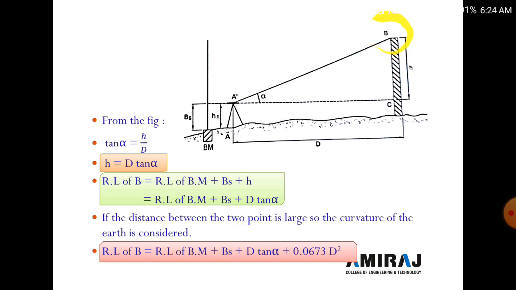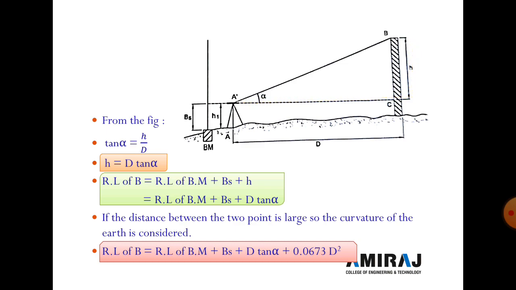Now the RL of point B. Here we require the RL of point B. The RL of the benchmark is already known, and BS is the backsight. Then we reach the horizontal line of sight, and plus h.